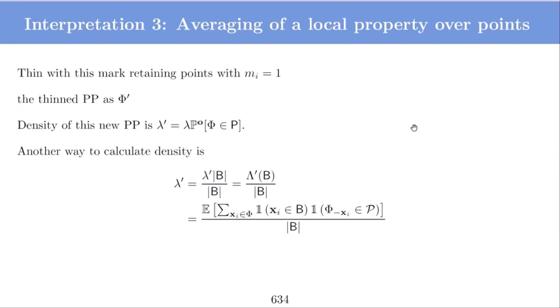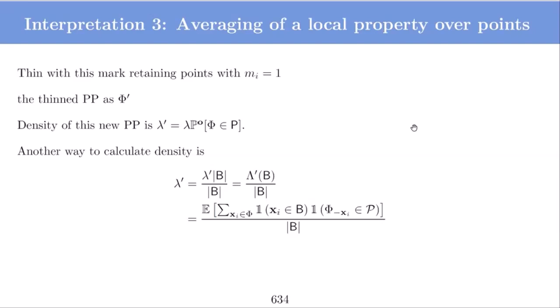So the retaining probability would be probability mi equal to 1, which is nothing but the palm probability that the P0 phi belongs to P. Okay, this will be my new density. Okay, so the total number of points in set B for this new point process is equal to density into area. Density is lambda dash. So the total number of points in the set is lambda dash into area of B, right?